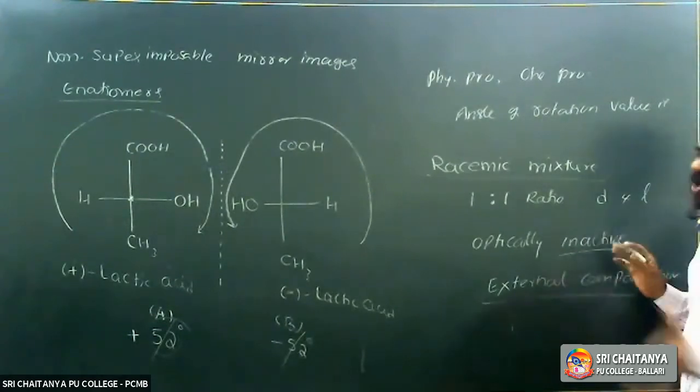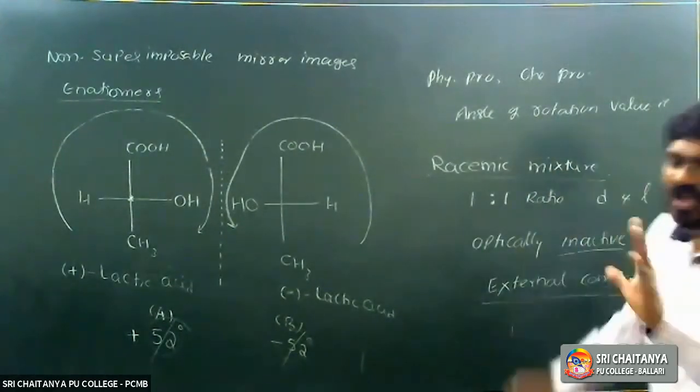So the optical rotation is 0. So these are called enantiomers.